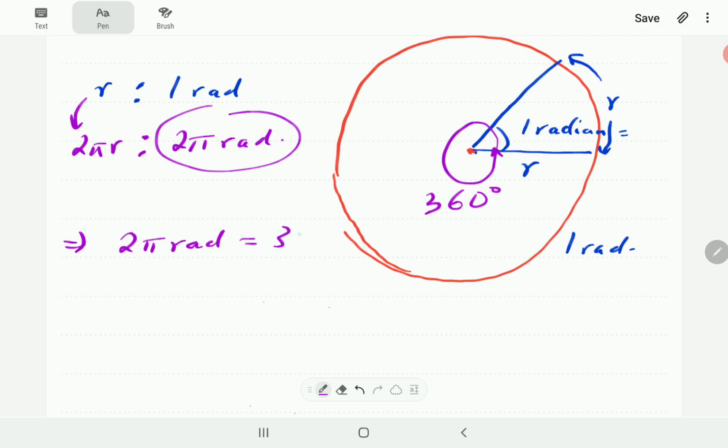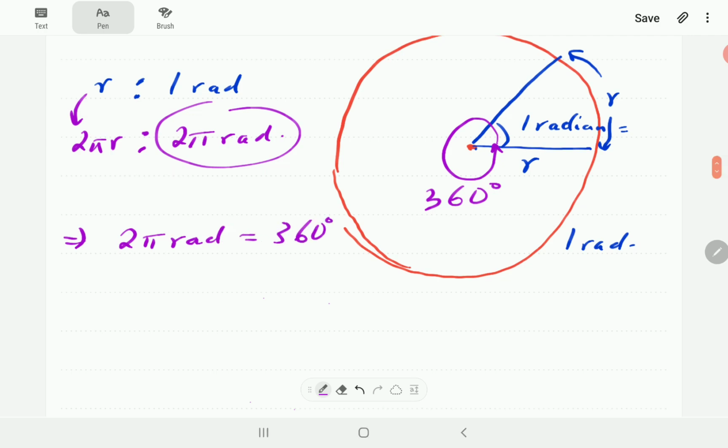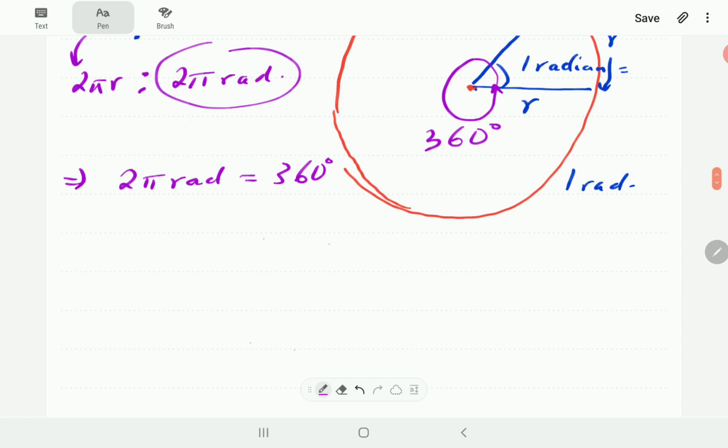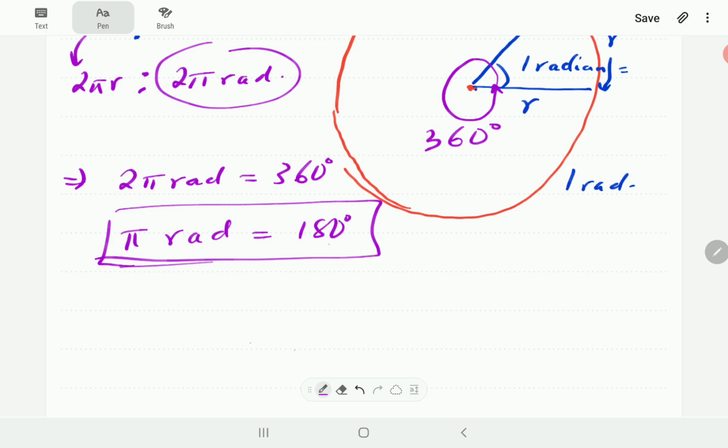This is the relationship between radians and degrees. If we divide both sides by 2, then we have pi radians is equal to 180 degrees. This is the one that we are typically going to use every time. Notice that radians will typically be expressed in terms of that pi, as we will show in examples below.